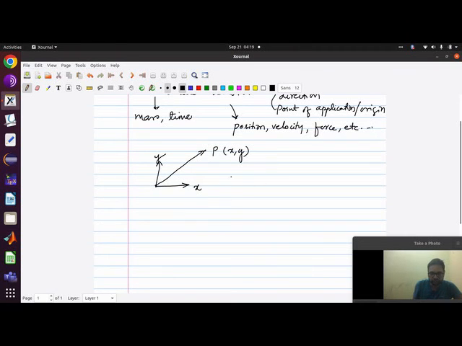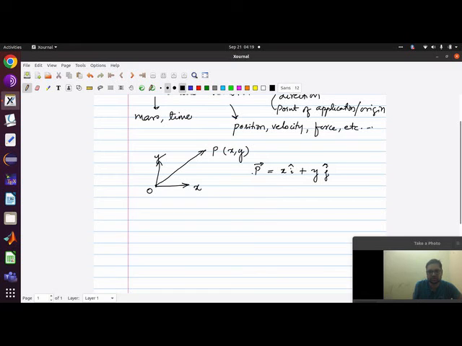Now when we write the position vector, if you want to go from the origin O to P, we write x i cap plus y j cap.